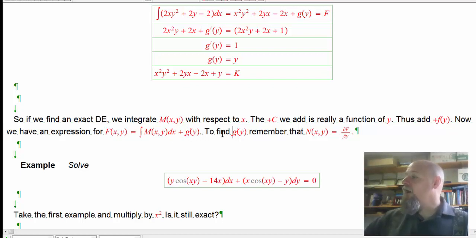To find that g of y, we differentiate our function. That'll give us our g prime of y. We set the whole thing equal to N, the piece that's been differentiated with respect to y, and then figure out what the g prime of y is, and integrate with respect to y.